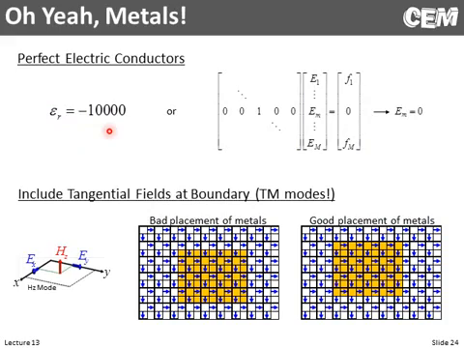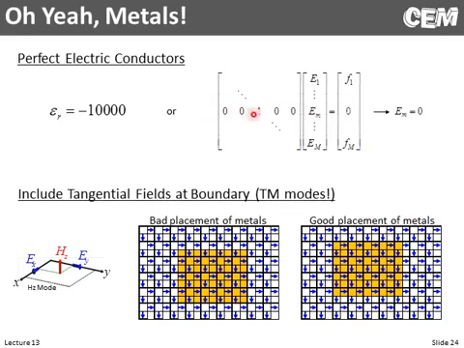Something that works a little bit better, if you want to build in a perfect electric conductor, what you'll do is you go down your column vector of the electric fields, and you'll find the one that needs to be embedded in metal. Well, electric fields are zero inside metals, right? So what we do is we make this entire row zeros, and we put a 1 in the diagonal position, and then we put a 0 over here in the source column vector.